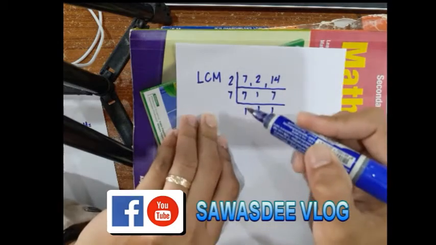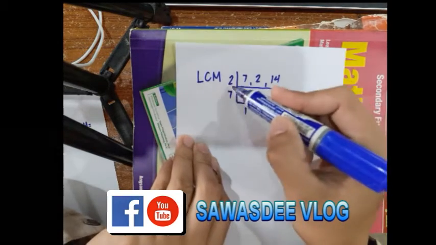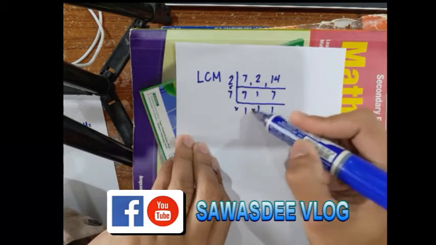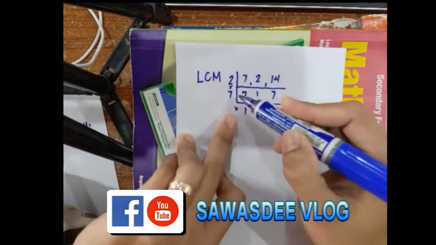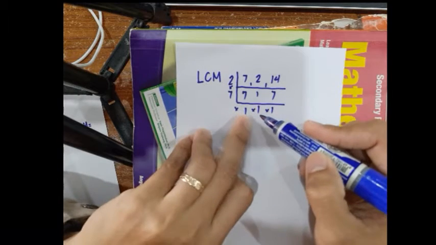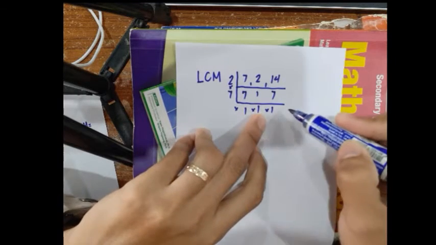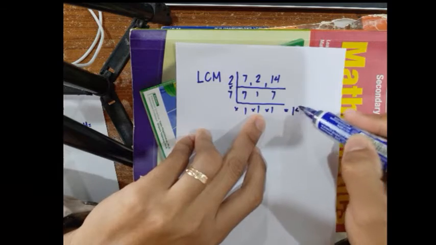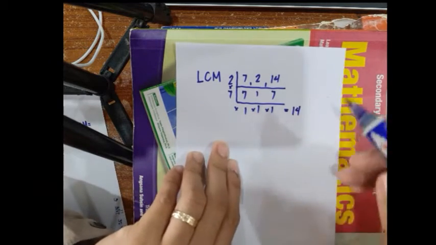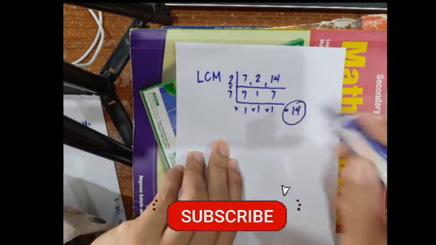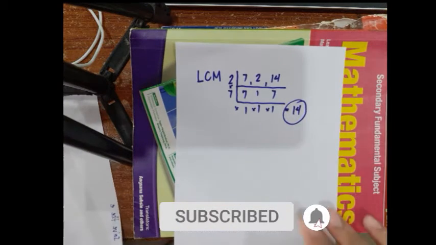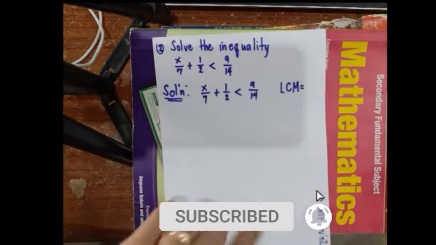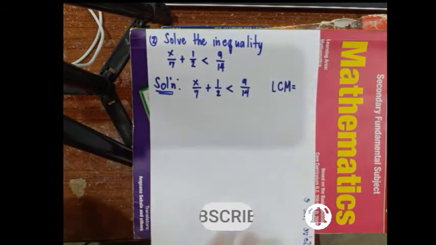Now how do we get the LCM? We multiply all the numbers here: 2 times 7 is 14, times 1 times 1 equals 14. Therefore the LCM is 14.